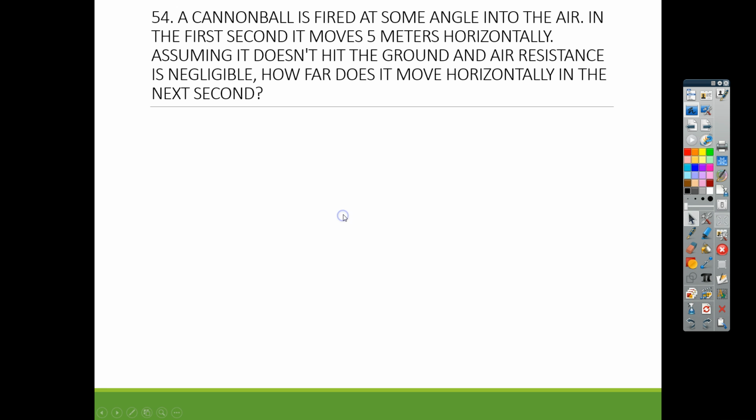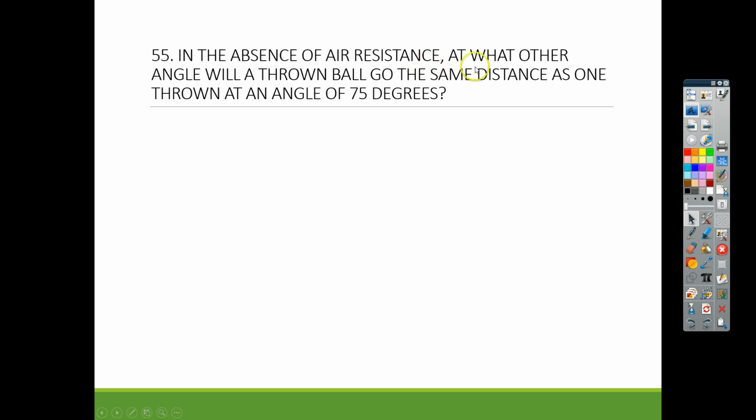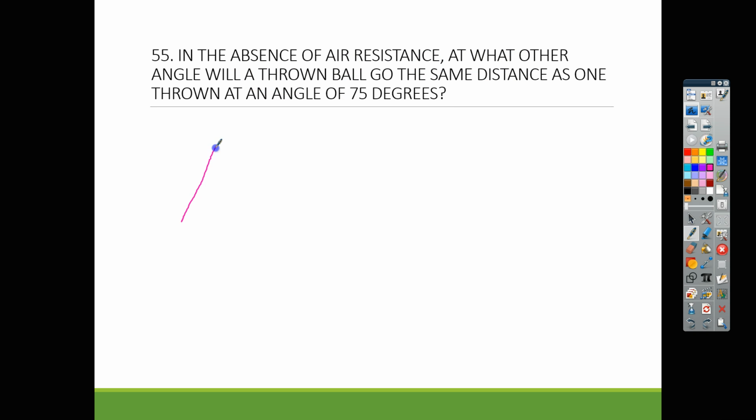For the next one, which is number 55, in the absence of air resistance, at what other angle will a thrown ball go the same distance if you throw it at 75 degrees? So pretty big angle here. This is 75 degrees. Remember, the key to finding out the other angle is just take 90 minus the first angle. So 90 minus 75 would be 15 degrees.